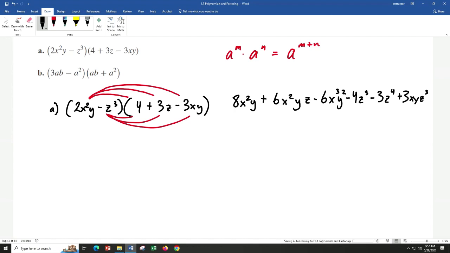It's a little messy, isn't it? It's a crib note version. You're done. There is nothing in there that matches. So this is as simplified as you're ever going to make that. Unless I started giving you x's and y's and stuff like that to plug in there, you can't do anything with it. Okay? I'll leave B for you to do at home.